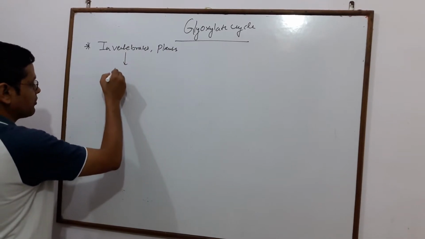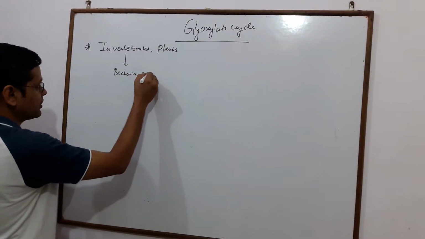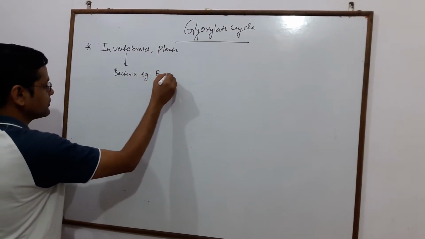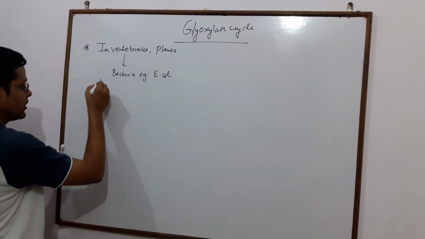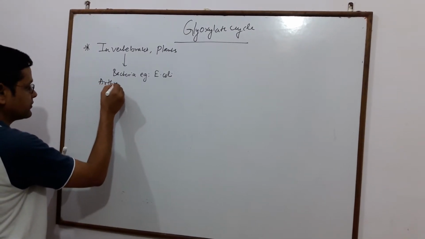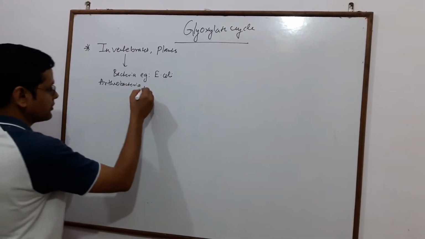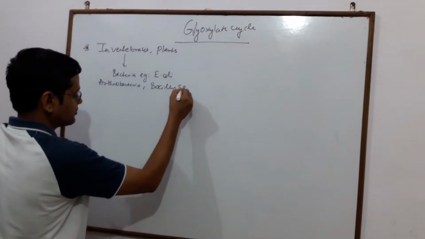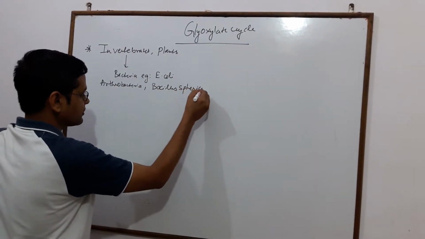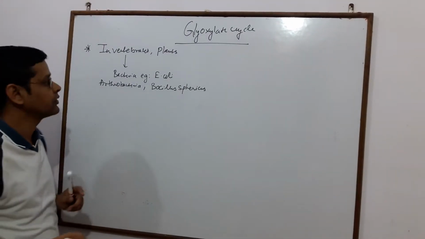Bacteria, for example E. coli, some Erythrobacter, and some Bacillus species, like Bacillus paracus, is where this cycle usually occurs.